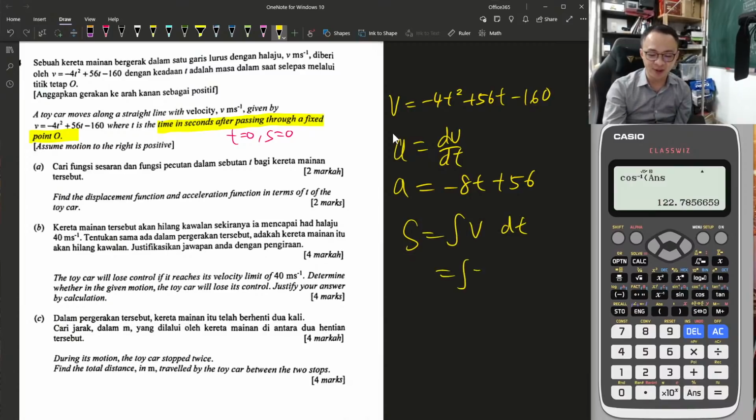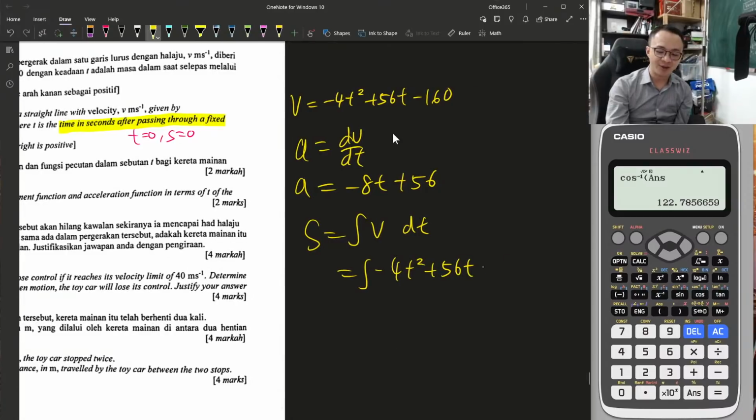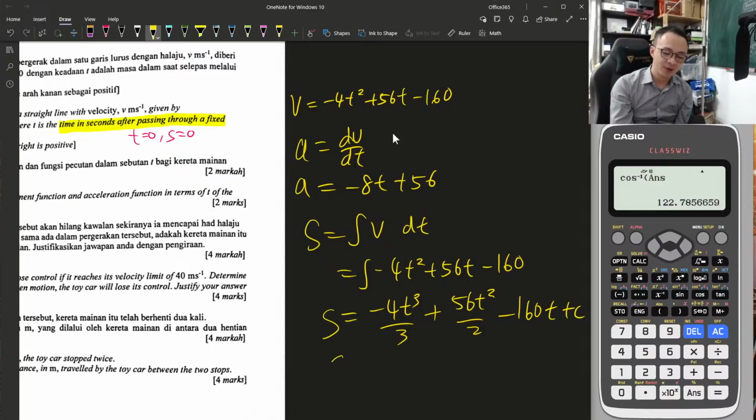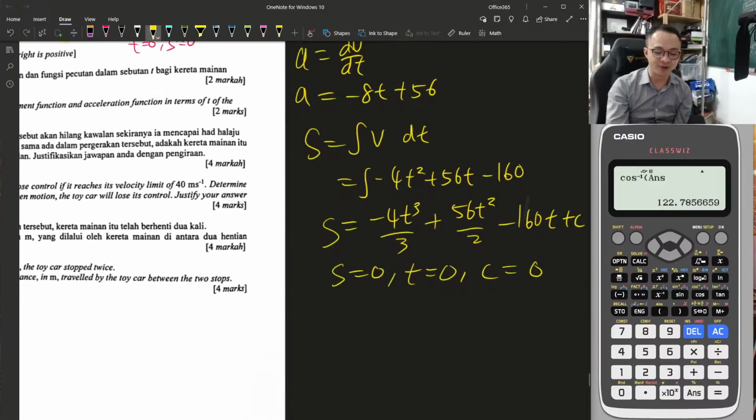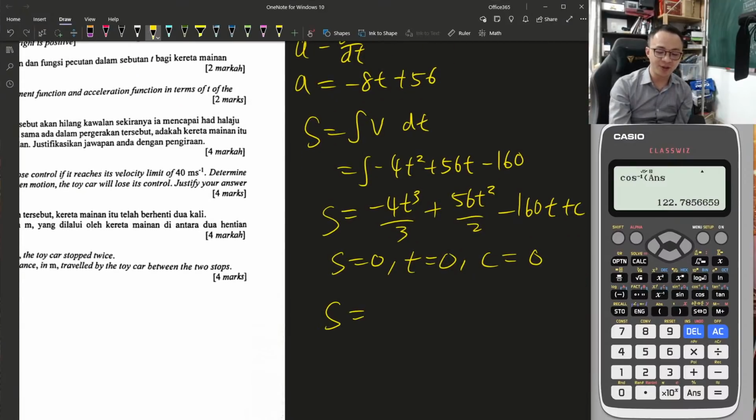So I will just integrate negative 4t squared plus 56t minus 160. So this one is negative 4t cubed over 3 plus 56t squared over 2 minus 160t plus c. Since s equals 0 when t equals 0, you sub in, you will get c equals 0. So my s equation is this.